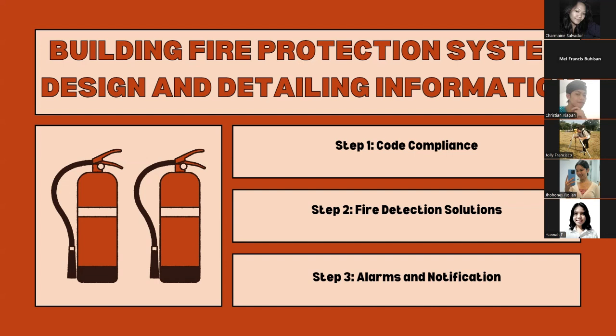So next is step 3, alarms and notification. So these two go hand in hand. So for alarm, of course, the purpose of this is to alert the person. For example, we are in a building.